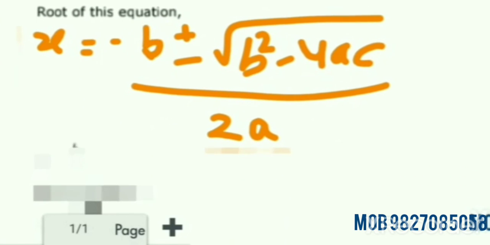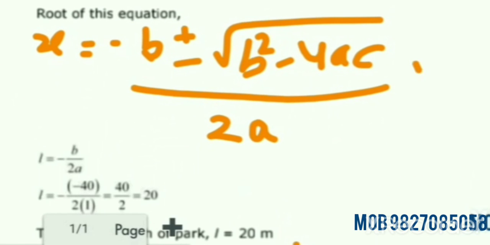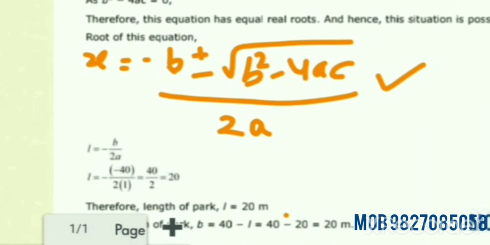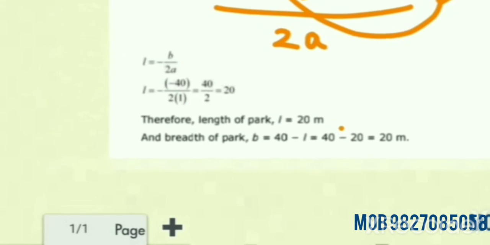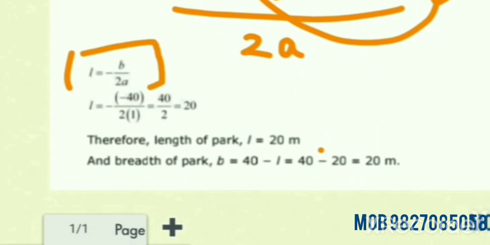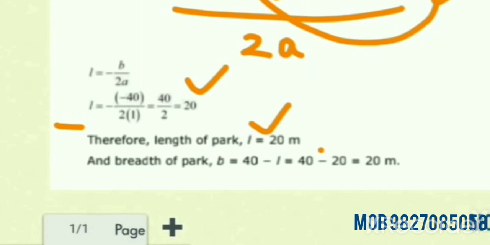Now roots of the equation using the quadratic formula, meaning the formula method जो अपन पीछे सीख चुके हैं, that is minus b plus minus square root of b square minus 4ac upon 2a. Put the value of a, b, c. So this is equal to 0. So we got only L is equal to minus b upon 2a. Now put the value of b and a in this equation. So we got L is equal to 20. So we can say easily that the length of the park is 20 and the breadth, 40 minus L, means this is also 20. Okay.